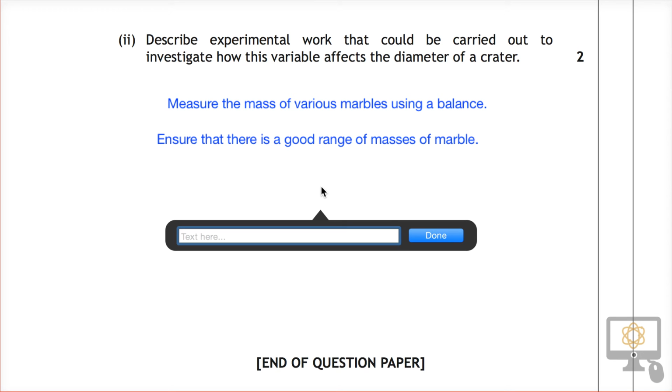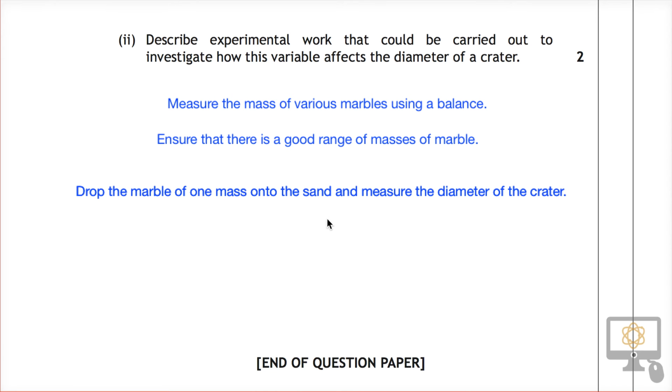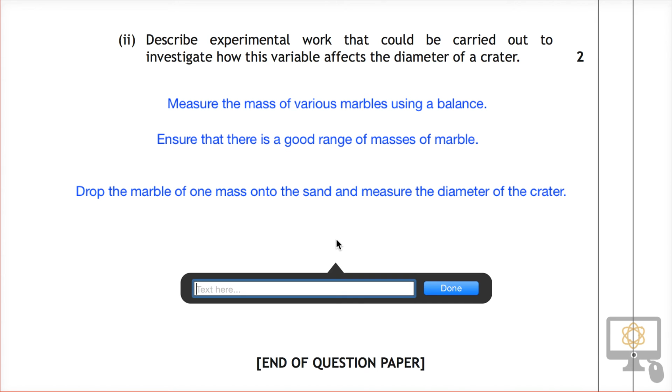We're going to drop these marbles of one mass onto the sand and measure the diameter of the crater. Drop the marble of one mass onto the sand and measure the diameter of the crater.